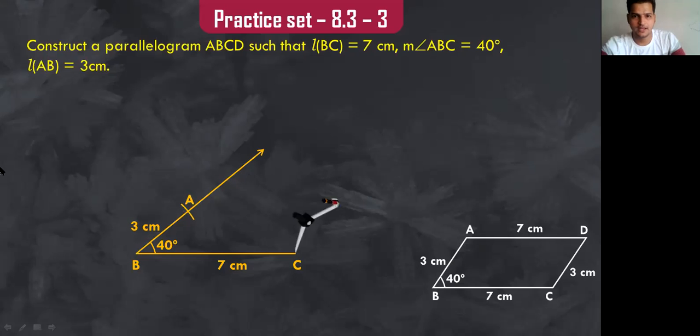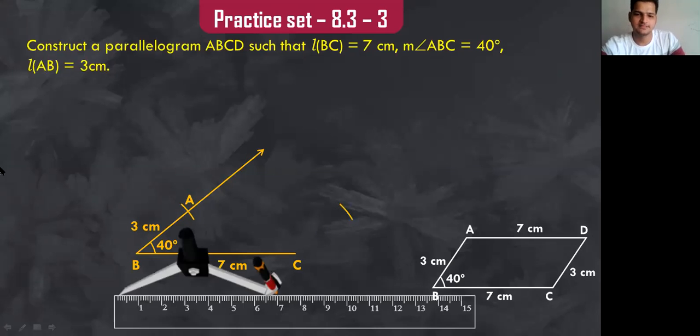So we will mark out segment CD first, as it is already on our compass, a 3 centimeter arc. What is the length of AD? 7 centimeters.